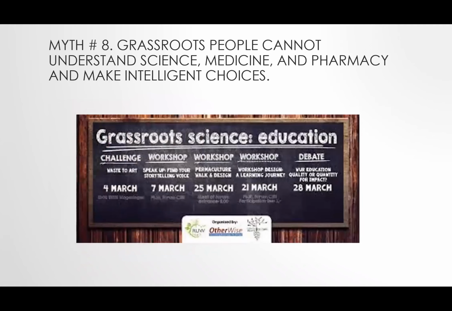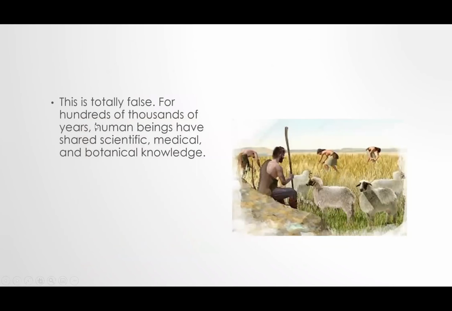Myth number 8: grassroots people cannot understand science, medicine, and pharmacy and make intelligent choices on their own. This is totally false. For hundreds of thousands of years, human beings have shared scientific, medical, and botanical knowledge.